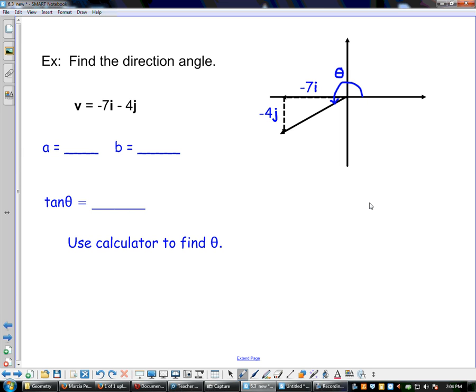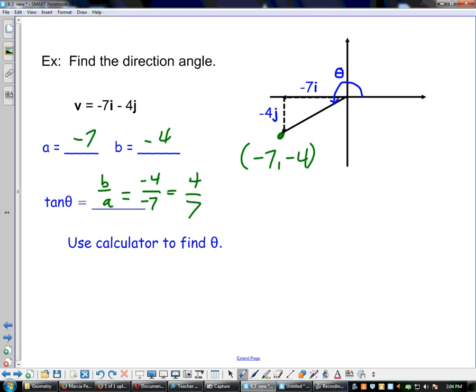So in this case, what is A equal to? A is negative 7, and B is negative 4. So this ordered pair right down here is negative 7, negative 4. All right, so the tangent of theta is going to be what? Don't we want B over A? So negative 4 over negative 7, which is 4/7.